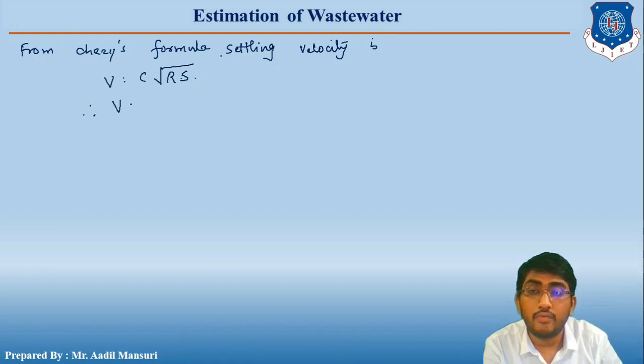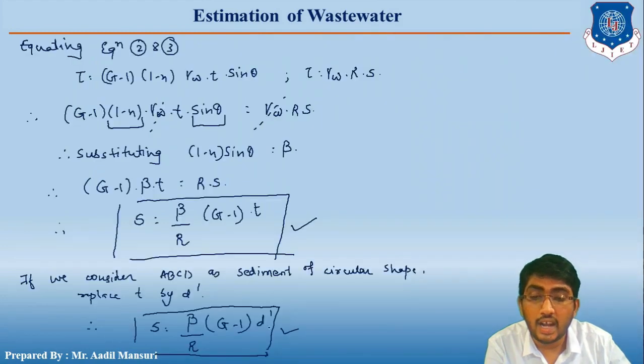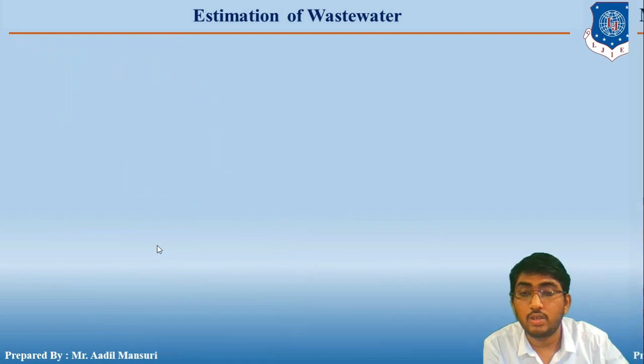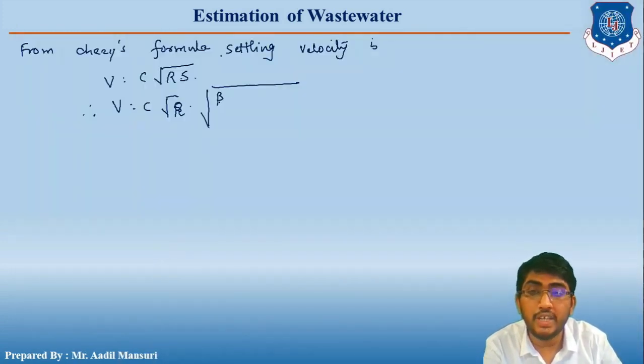Therefore V equals C under root R into under root of, in place of S, I'll write this equation, the bottom one, that is beta upon R (G minus 1) D dash.